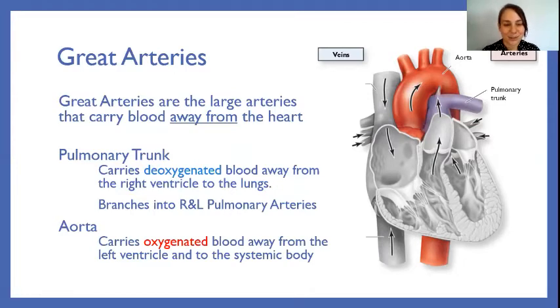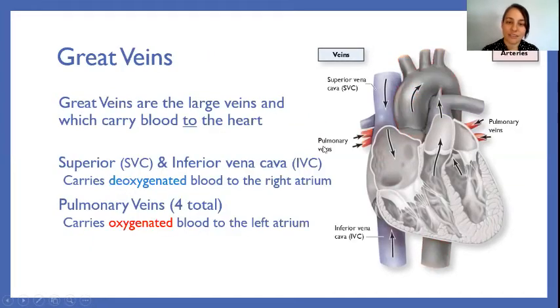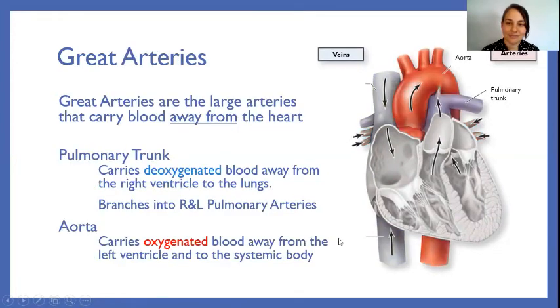So on this one, it's blue, it's deoxygenated. That's part of that confusion. So our pulmonary trunk takes the deoxygenated blood out to the lungs, branches off to our left lung and our right lung, and then the pulmonary veins are going to bring it back into the heart once it's oxygenated. And we'll learn more about that in lab too, but it helps to try to explain that over here.